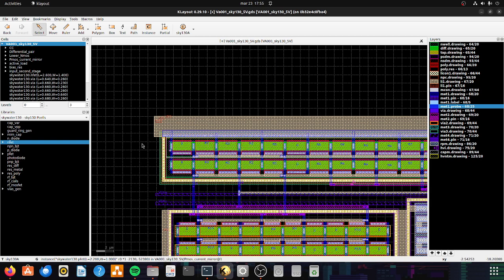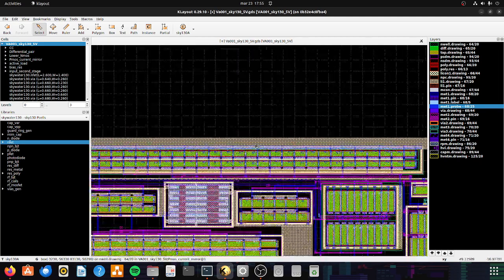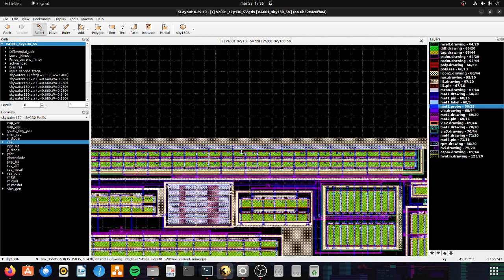This actually compensates for any usual errors along the X region. Then the ones that bias the first stage and the second stage are shown here. They have a very similar layout pattern. Basically it is A, B, B, A, dummy, and the dummy right here.